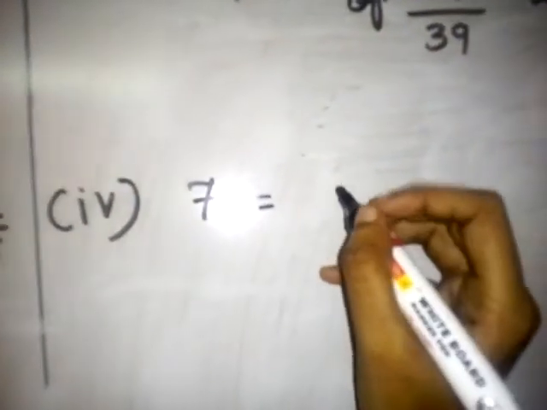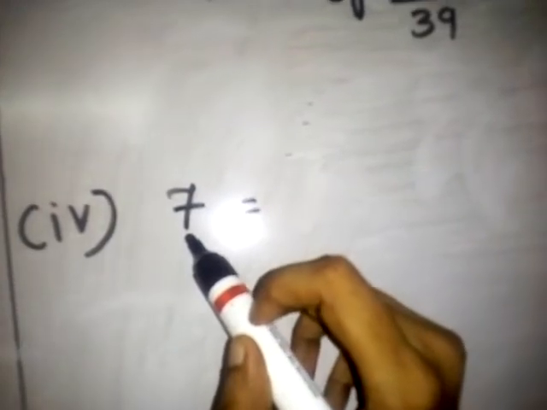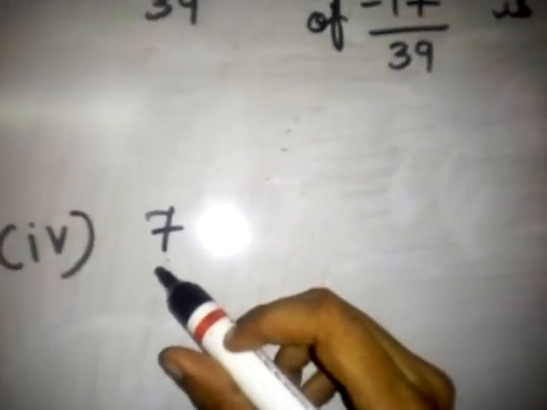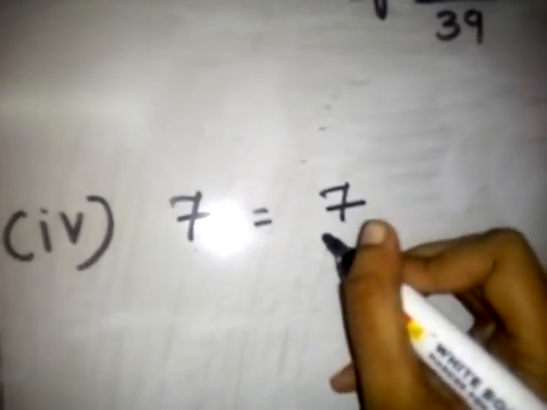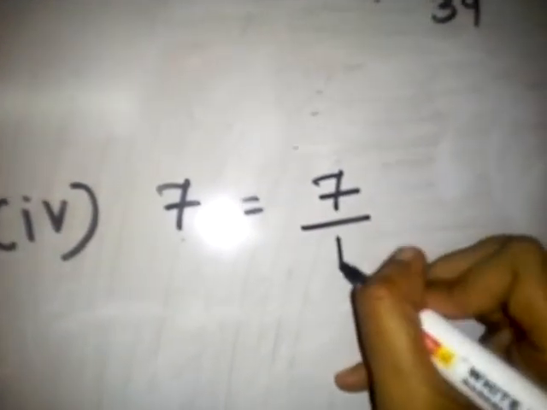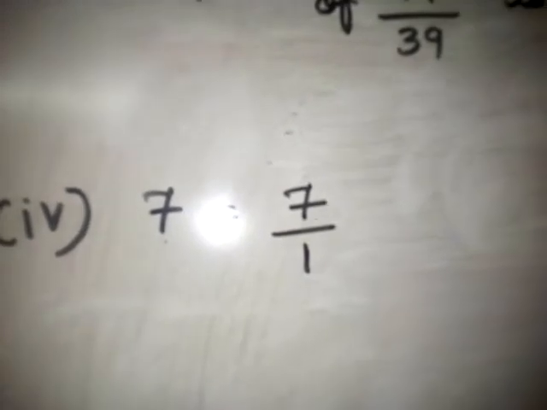Look at fourth one. Only a single number is there, 7. You don't have any denominator over here. If you don't have a denominator, consider the denominator 1. And now you have to write the multiplicative inverse.